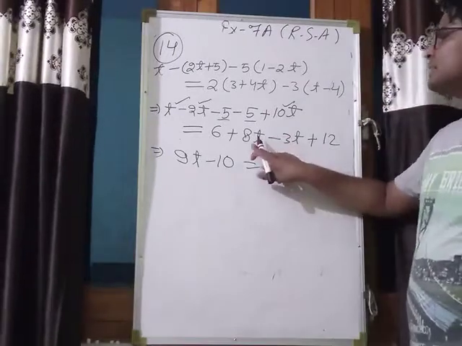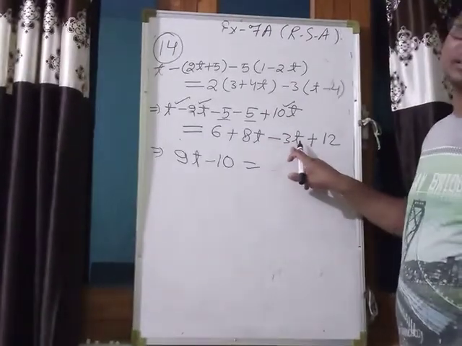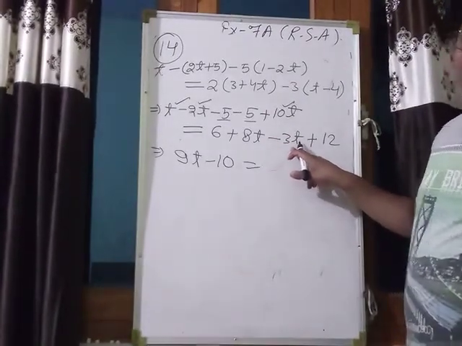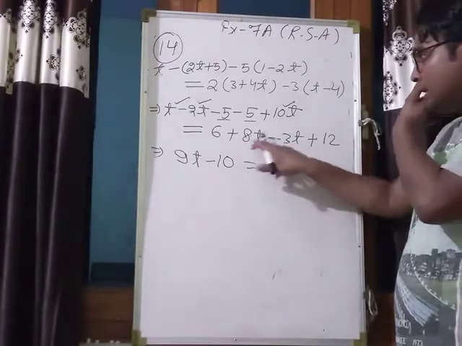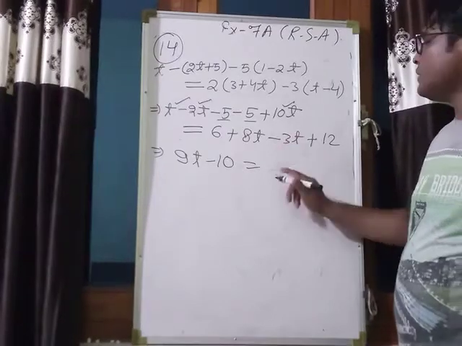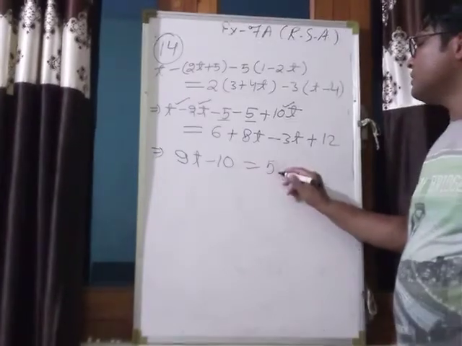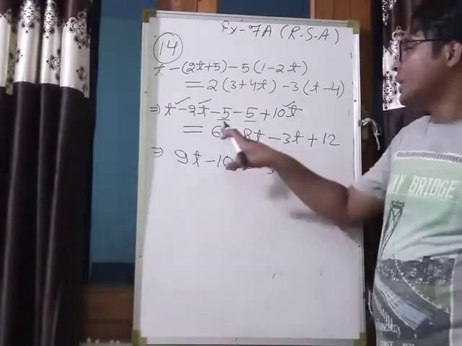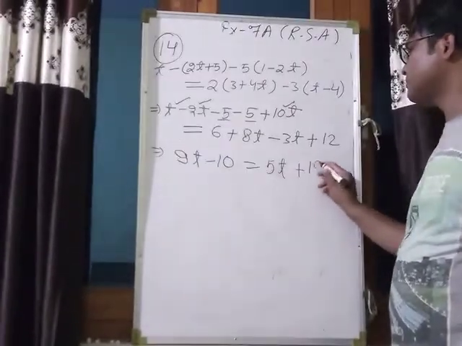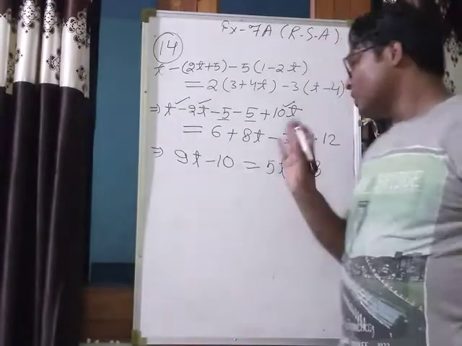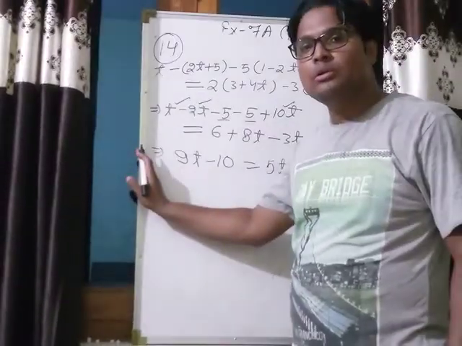Okay, now come on the right side. See, this is plus 8t and minus 3t, like terms will be added to each other. In the algebraic expression you have read about it. Plus 8t minus 3t, that is plus 5t. Okay, and constant terms 12 plus 6, plus 18. Now transfer this 5t to left side.